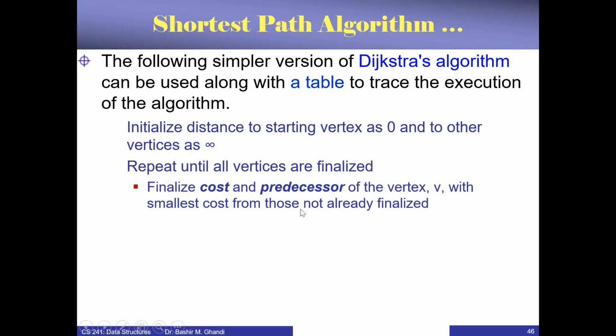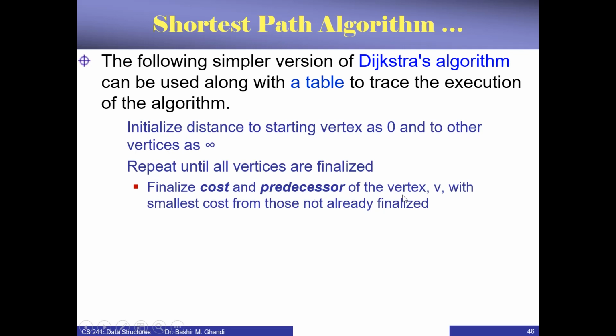So from those that are not yet finalized, take the one with the smallest distance and finalize it. Since we have finalized it, we will also be able to finalize its predecessor, meaning from which vertex we reach that particular vertex to obtain that minimal cost. Again, this will become clearer with the example.